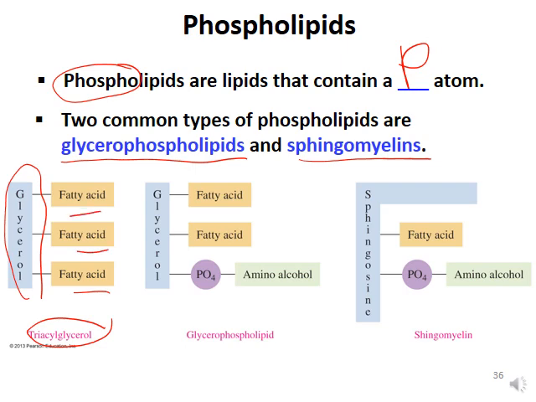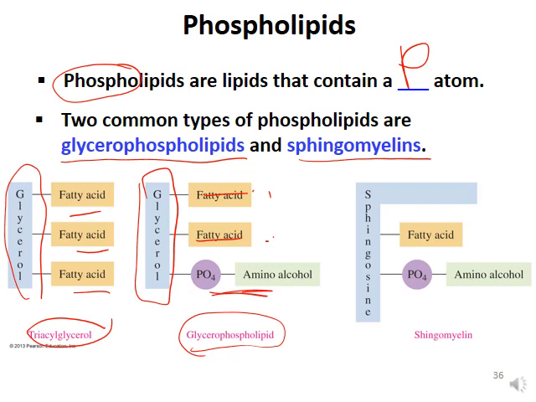And they're very similar. We got sort of a glycerol foundation or structure. And here, a glycerophospholipid has 2 fatty acids, lipid-like, and then we've also got the phosphorus compound hanging off it as well.